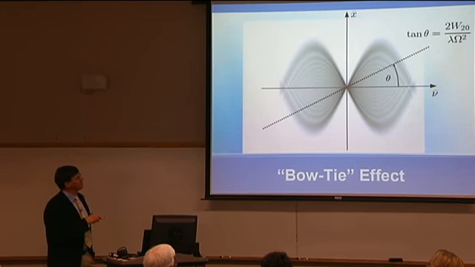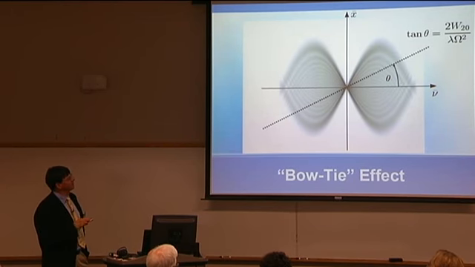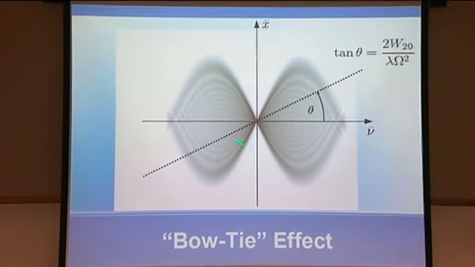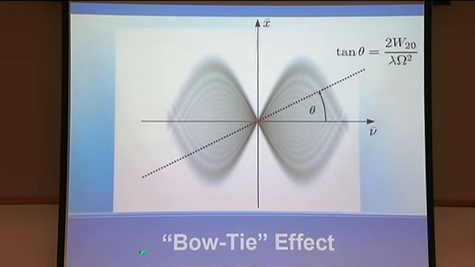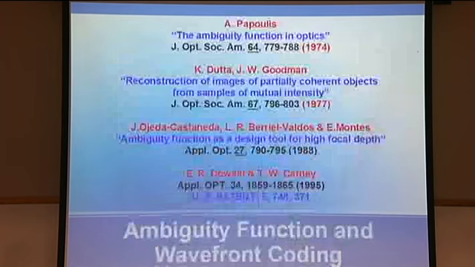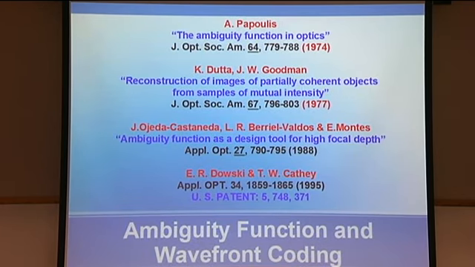And this gives us this type of OTF, where regardless how we slice this, the cross-section looks more or less the same. And because of this curious shape, this has also been termed the bow tie effect. Again, these are a few of the publications that sort of come to mind in this context.